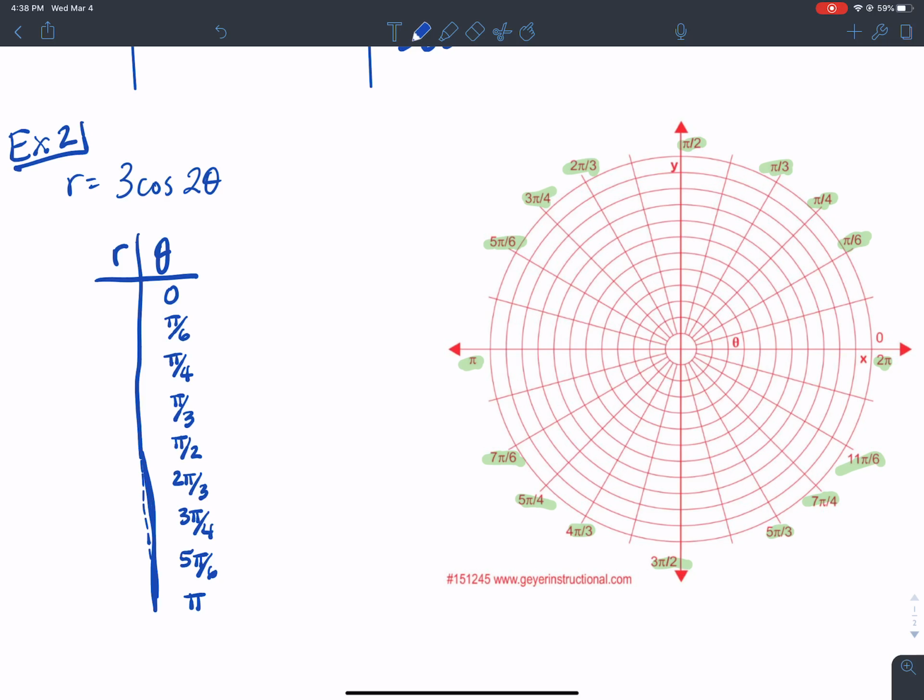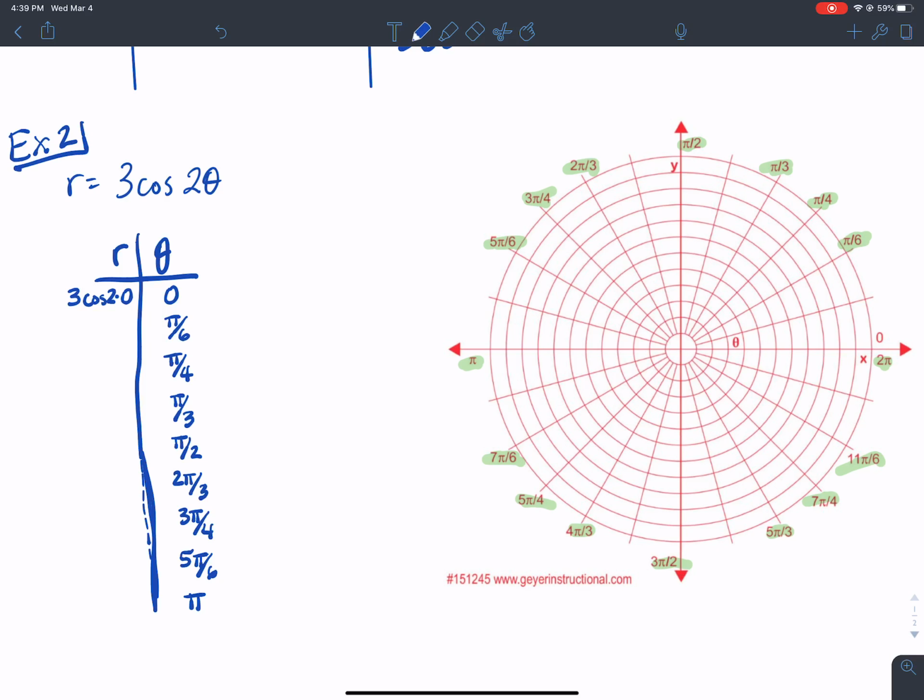Now, in the first example, I wrote out everything. You don't have to write out everything if you don't want to. If you kind of understand what's going on, you can do some of this in your head or think through it. But basically, we're going to do 3 times cosine of 2 times the angle.